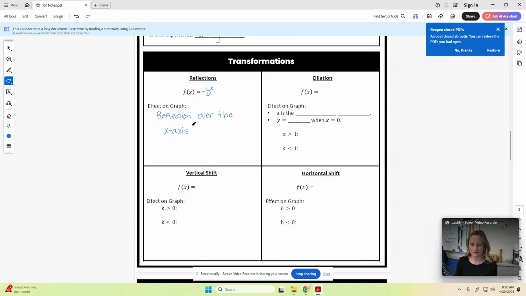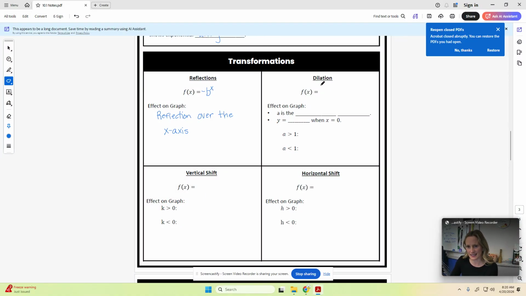So this can get a little confusing because in a sense it can turn growth into decay and negative growth. There's a little bit of dispute on exactly when it becomes growth or decay because of the reflection. But the main thing that I need you all to know is that if there's a negative sign in front of the function, it is going to reflect it over the x-axis.